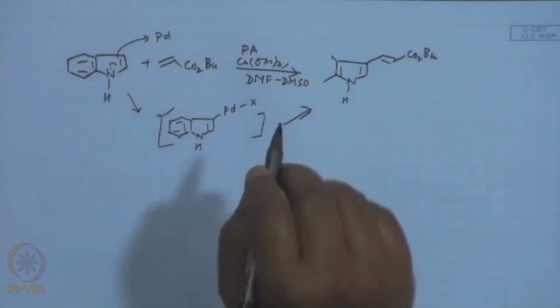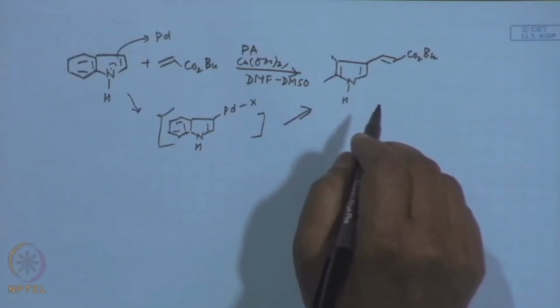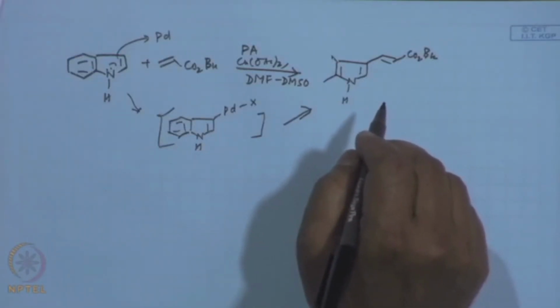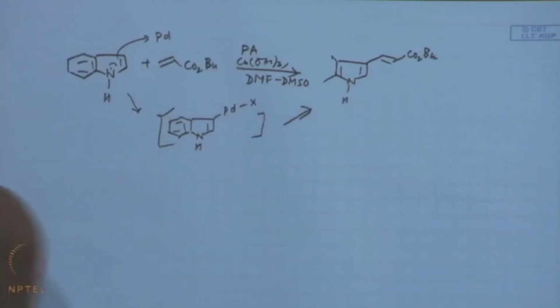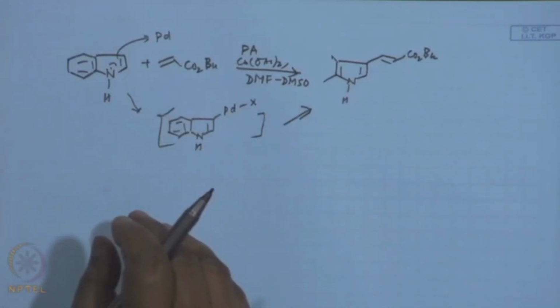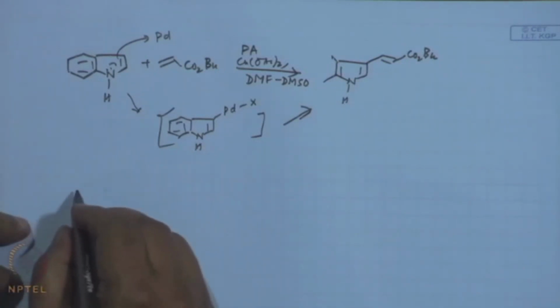Now, what is more striking is if you change the reaction conditions. This is a very general reaction. There are so many examples, I will not burden you with many examples here. Now, just see the contrasting reaction conditions.